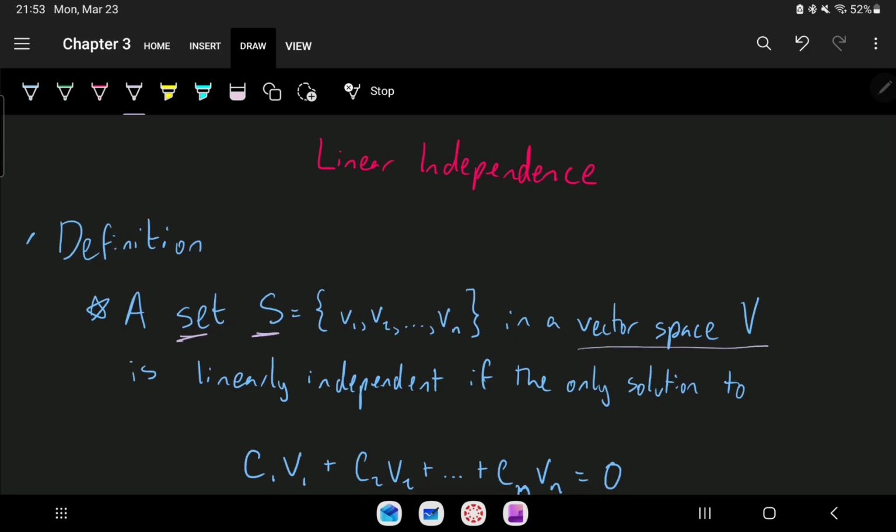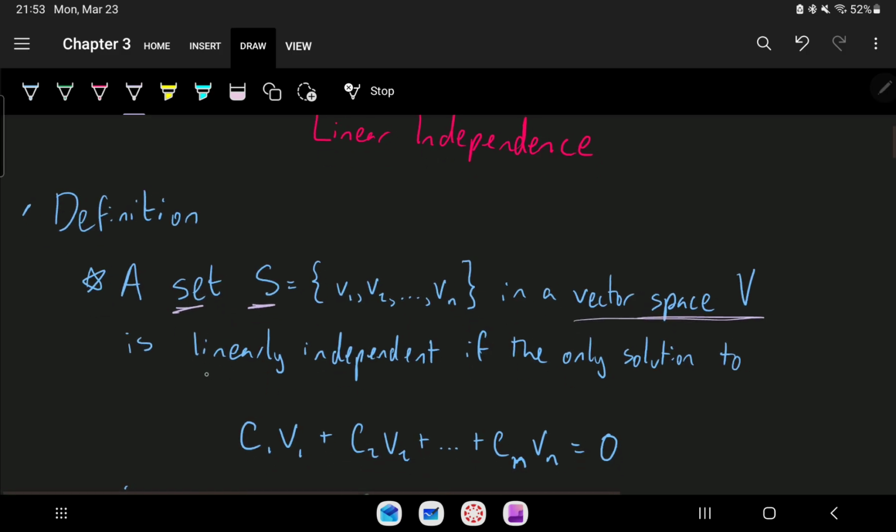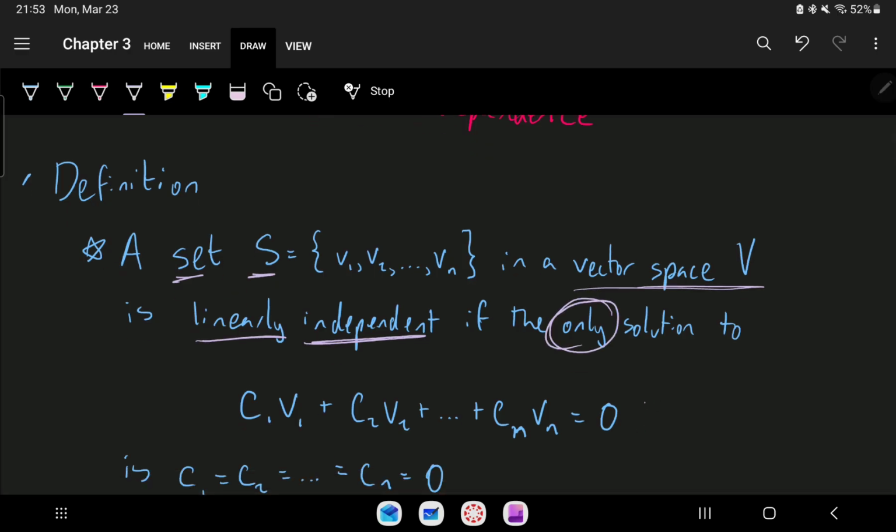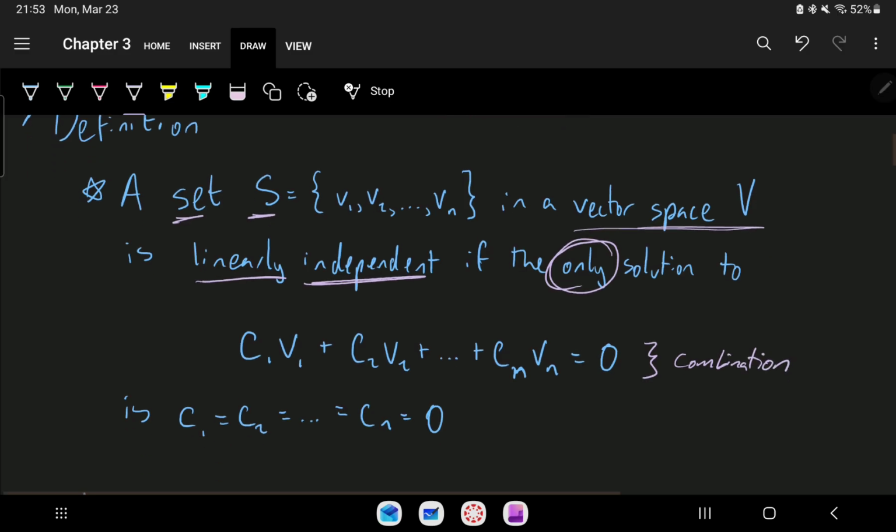Within a vector space, V, we can say that S is linearly independent if the only solution to this linear combination, another idea we talked about in the past, is the trivial solution, which is all of the scalars equal each other and they all equal 0, right?